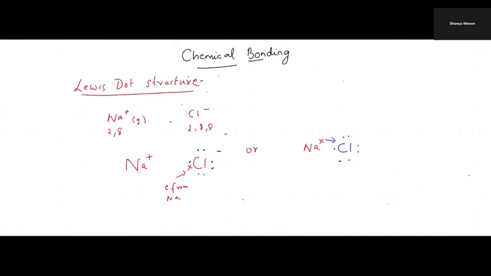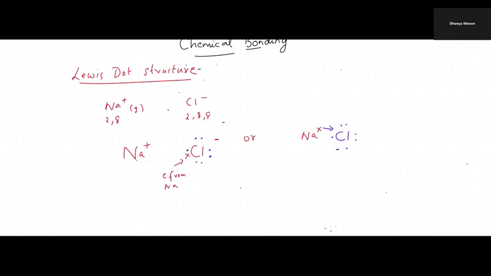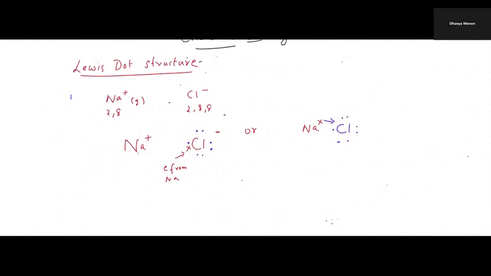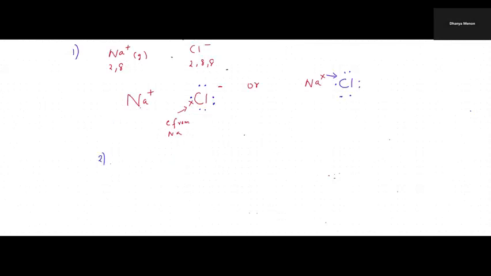Okay. So similarly, this was the first example. So similarly, we can show the electron dot structure for magnesium chloride also. Right. Now, for magnesium chloride, the formula is MgCl2.